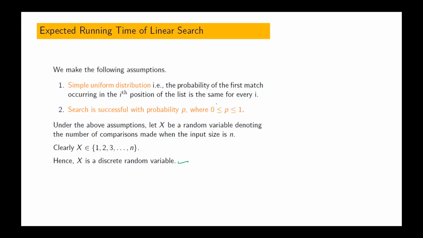Now, unlike the previous case where search is always successful, here we have two possibilities. Whenever we search for a key, the search is successful, or the search is unsuccessful.